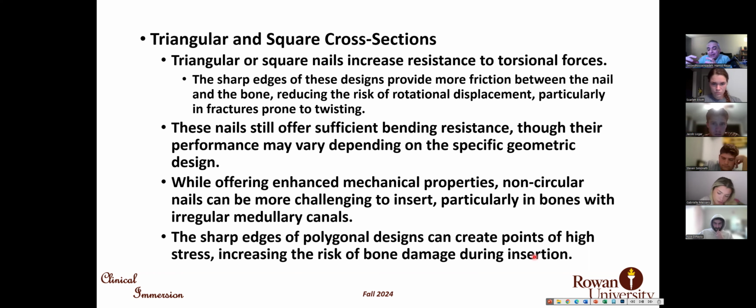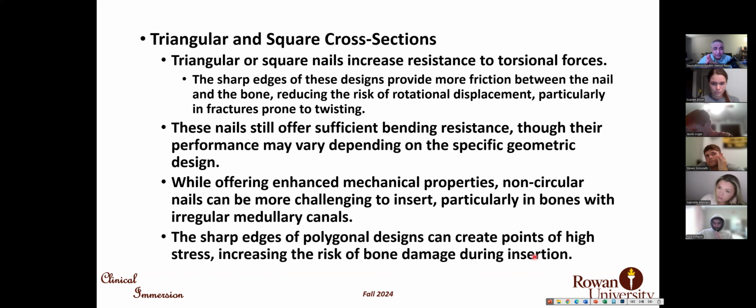So we can increase the length of the bone, and in this way we can increase the height of the person. But these nails should have an internal structure that allows this lengthening. So they need to add some additional factors to keep their stability. So these triangular and square shapes are now used in those nails, not for fracture fixation.